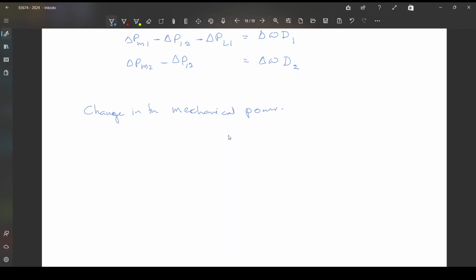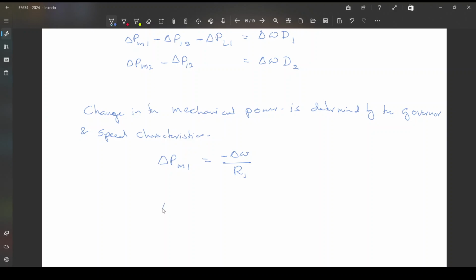It is actually determined by the governor and the speed characteristic, which can be written as delta Pm1 is equal to minus delta omega over R1.